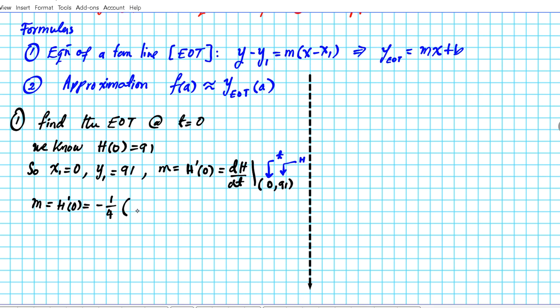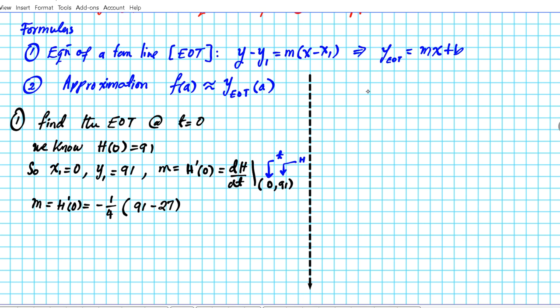times h minus 27. Now you've got to be careful here. At 0, this derivative is dependent on h. So we're going to be plugging h into this function. It's not 0, we're going to be plugging in the h value, which is 91. 91 minus 27, because the derivative or the slope is dependent on h, not t.